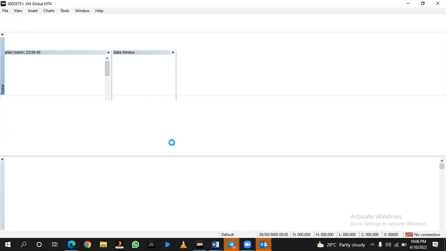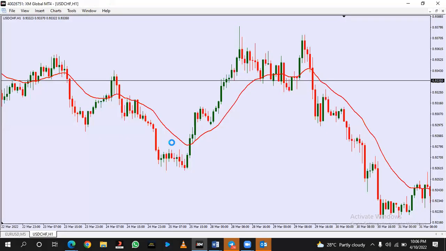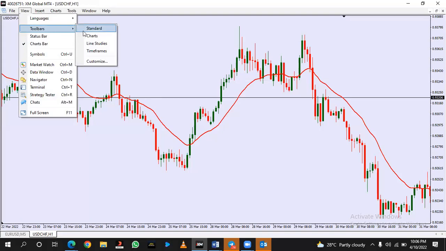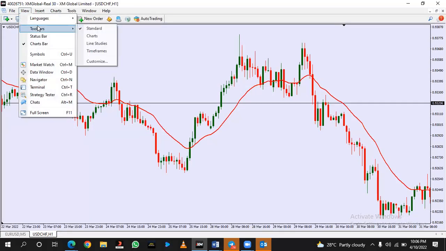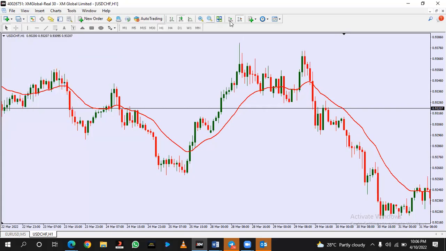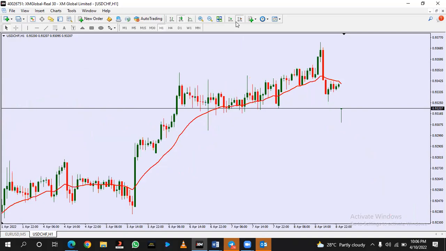Can you see my chart now? Yes, I can see it. All right, now, this is the particular area we want to look at.